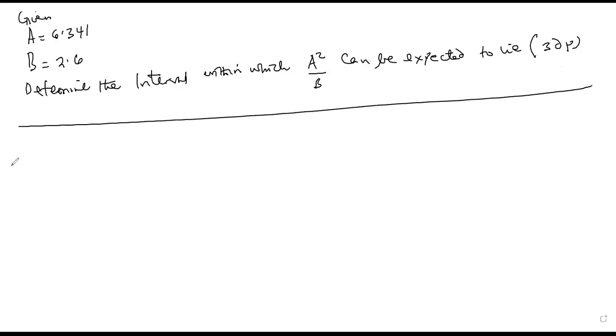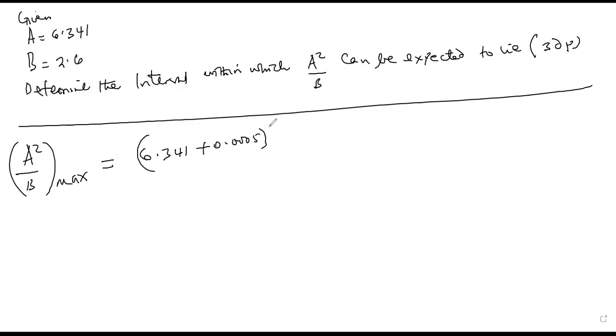Here what you do, first get a squared over b minimum value or maximum value, whatever you begin with. Let's take the maximum. If we need the maximum, then we maximize the top and minimize the bottom. So it is going to be a, 6.341 plus its error 0.0005, then squared.